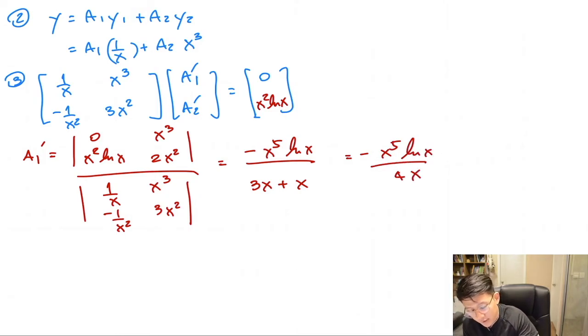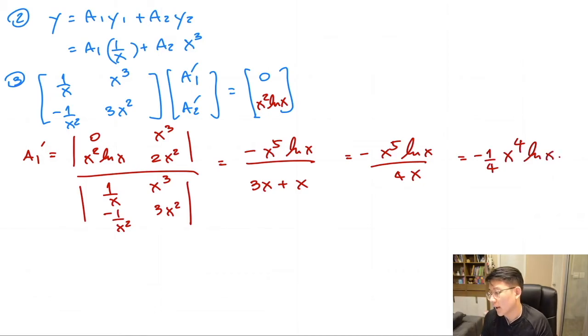Guys, I hope you can now compute the determinants. Okay, which is minus 1 over 4 x to the 4 log x.